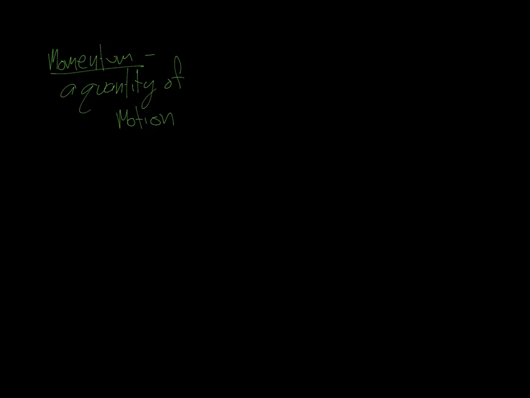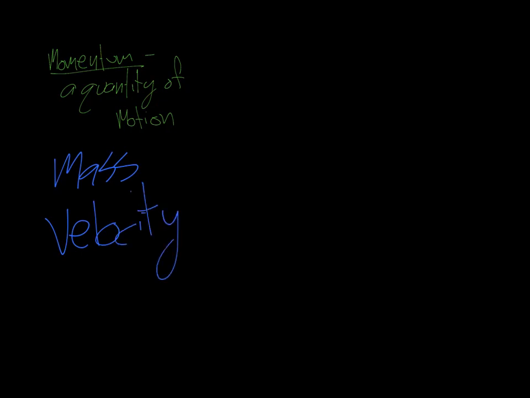Momentum depends on a couple of things. It depends on the mass of the object, and it depends on the velocity. And that's why the equation for momentum is P equals m times v. Now, for some strange reason, P is the symbol that we use for momentum.